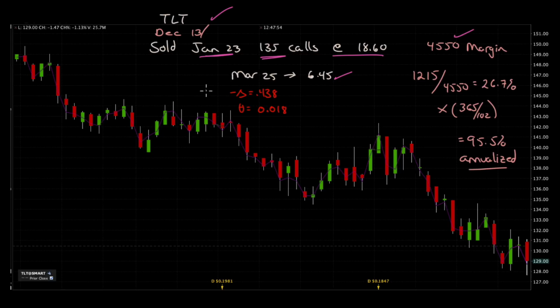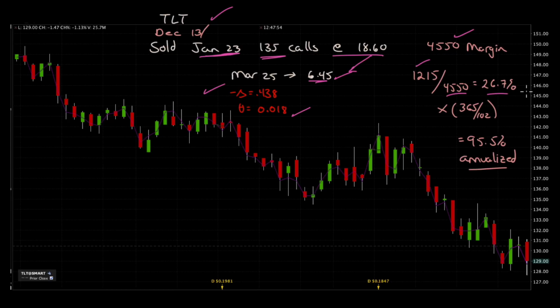The current stats on this: delta is 0.438. If you're short the call, you have negative delta here. Theta is really low, 0.018, because these don't expire till January and there's not that much premium in here. So if you close the calls out now, you earn 12.15. That's the difference between these two prices on your initial margin of 45.50.